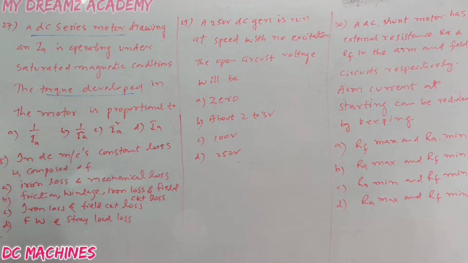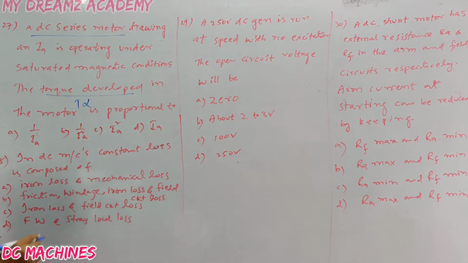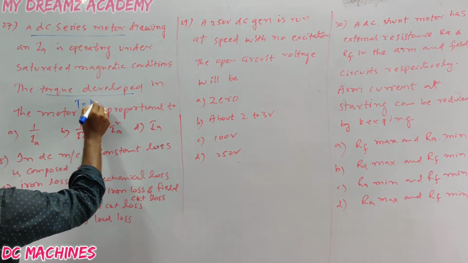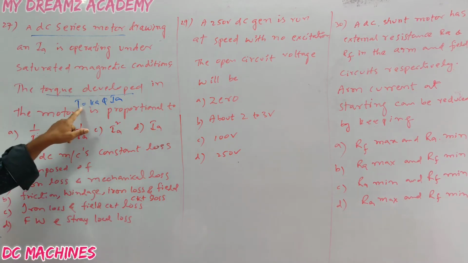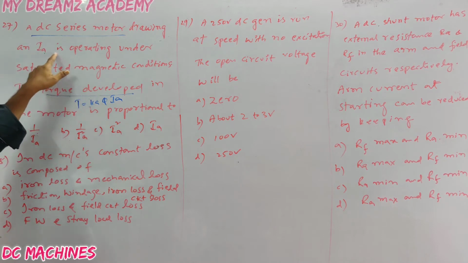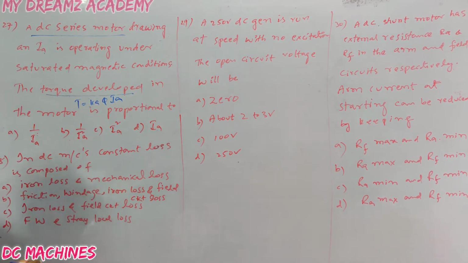In the DC series motor, what is the relation? Torque is directly proportional to flux times armature current: T equals Ka into phi into Ia.